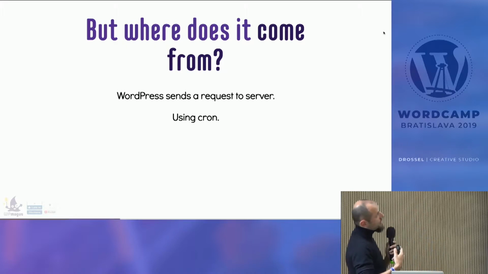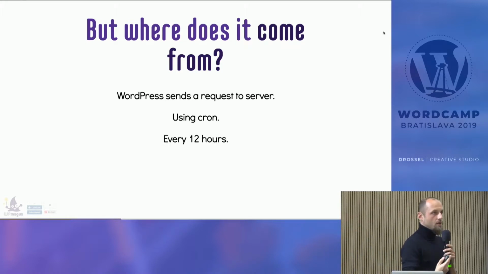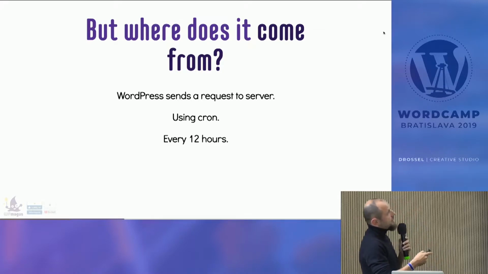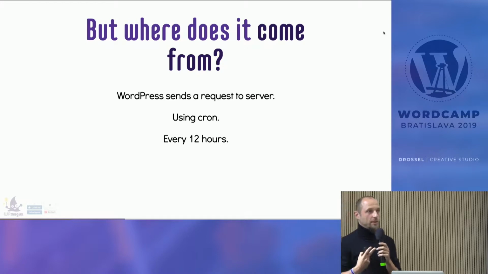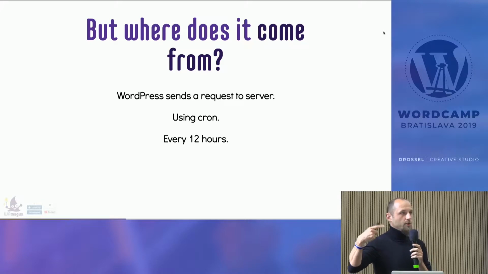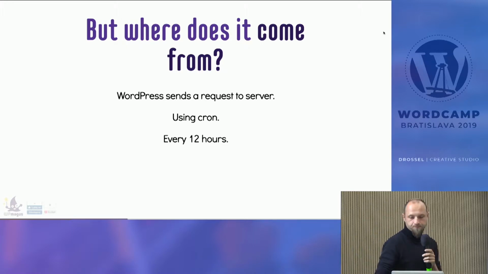So how does it send it, and how often? First of all, WordPress uses the HTTP API, right? So wp_remote_post and so on, and it's sent every 12 hours, so twice a day. So if there is a new update, then you will know about it after 12 hours at the worst case, right?